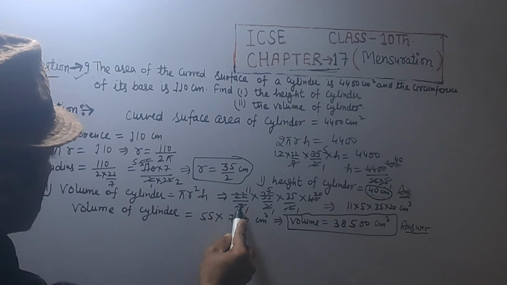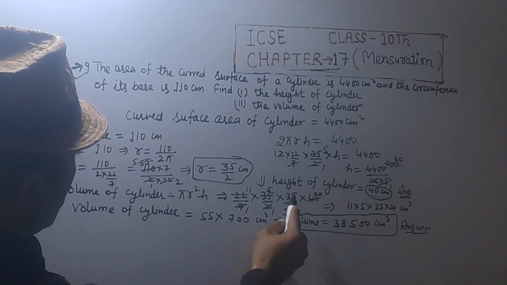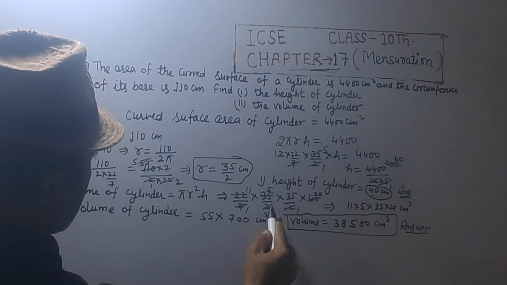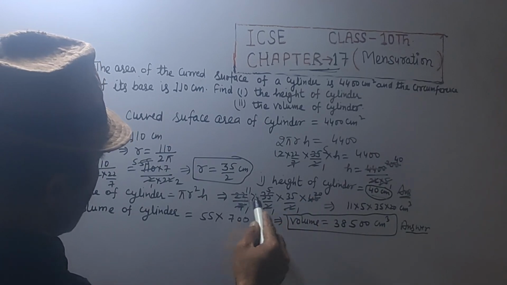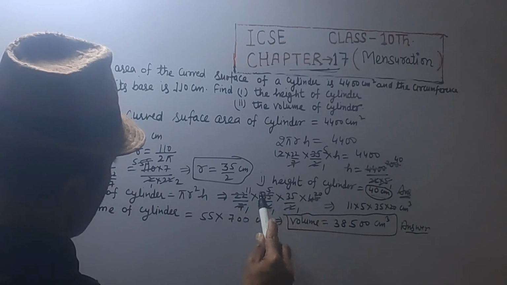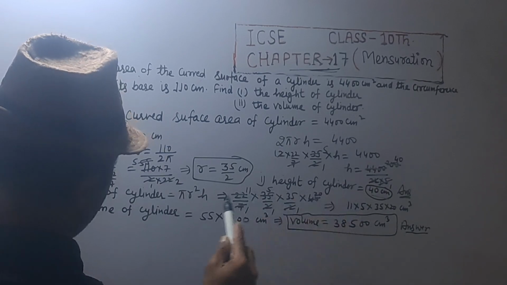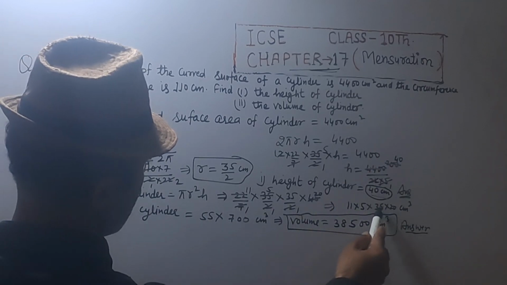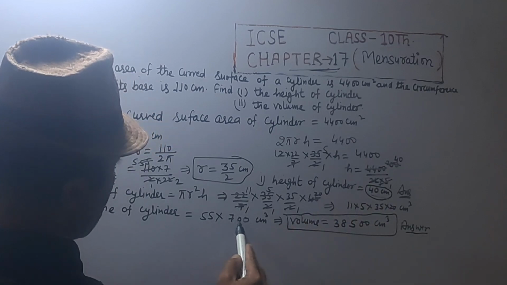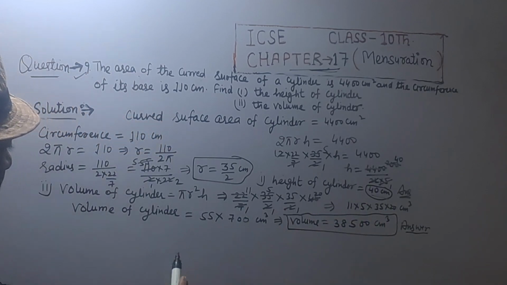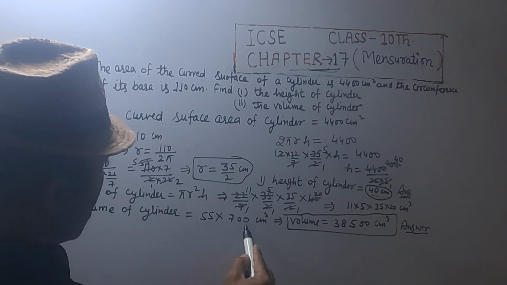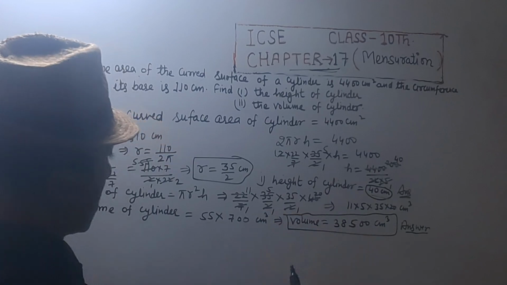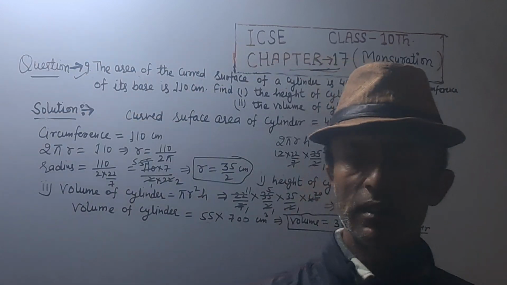Pi is 22 upon 7, radius is 35 upon 2 into 35 upon 2 multiplied by 40. 7 5s are 35, 2 1s are 2, 11 2s are 22, 2 1s are 2, 2 2s are 40. 11 5s are 55 into 35 into 20. 35 2s are 70, so we get 700. 700 multiplied by 55, and we get 38,500 centimeter cube. Answer. Thank you.